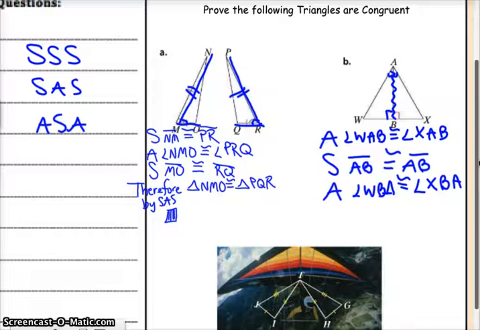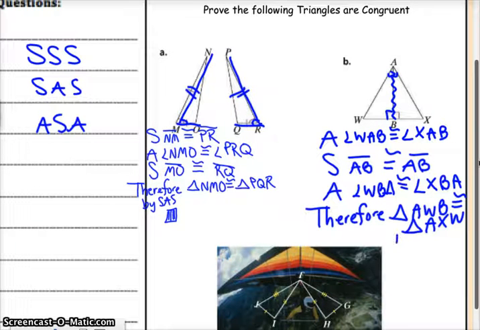Okay? Therefore, triangle AWB is congruent to triangle AXB by angle side angle. Proof is done.